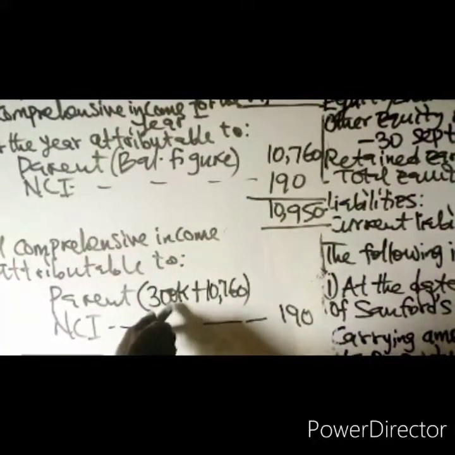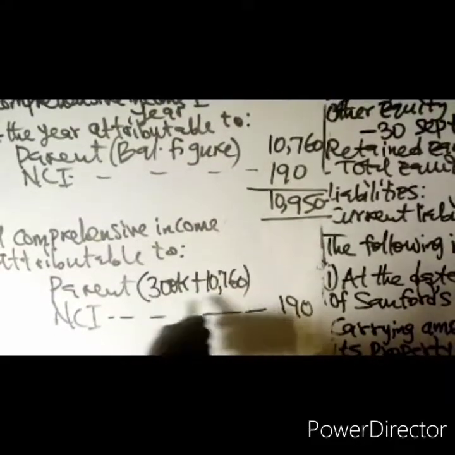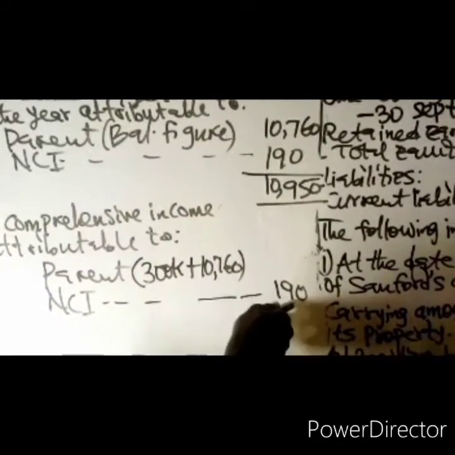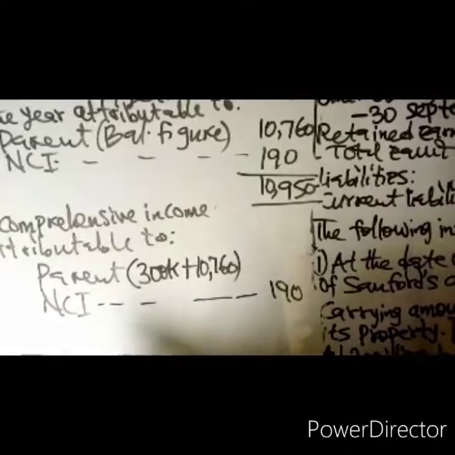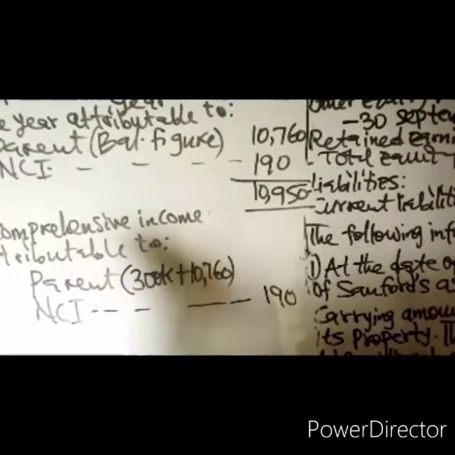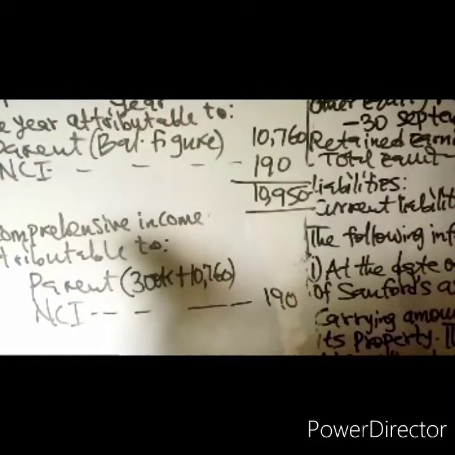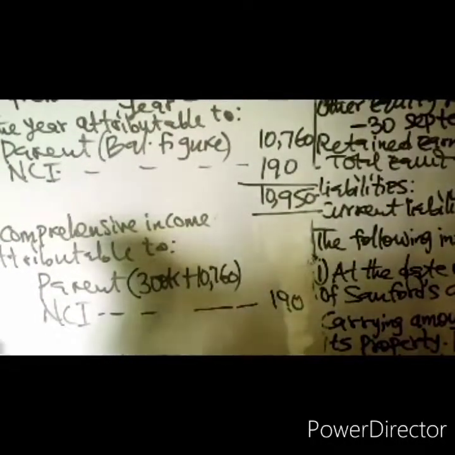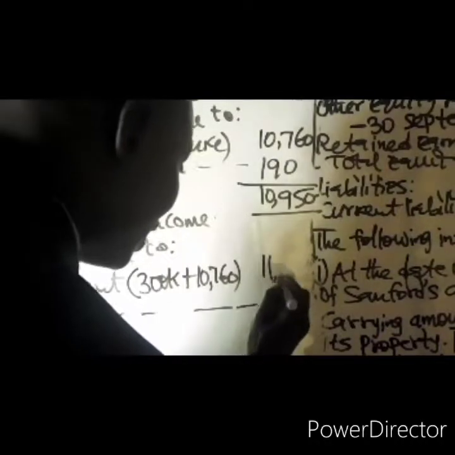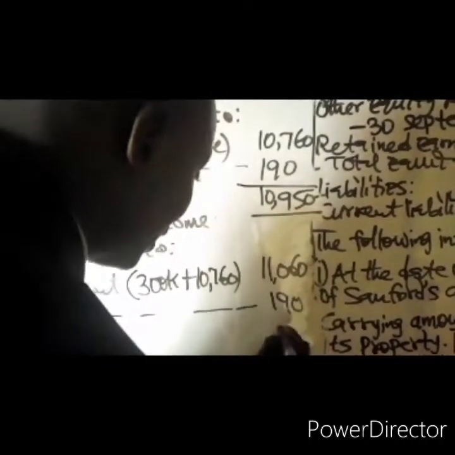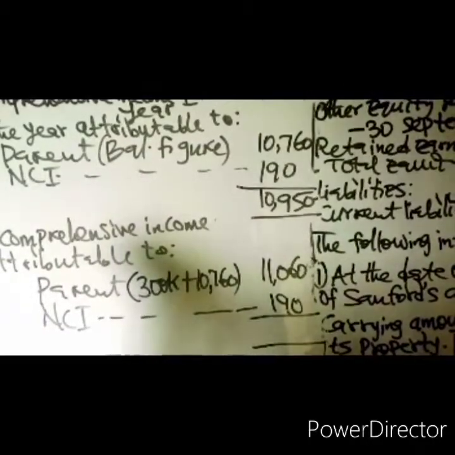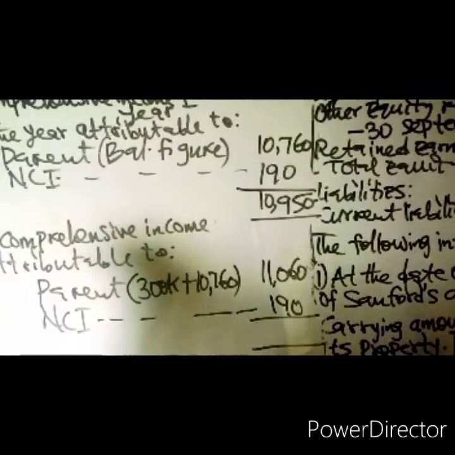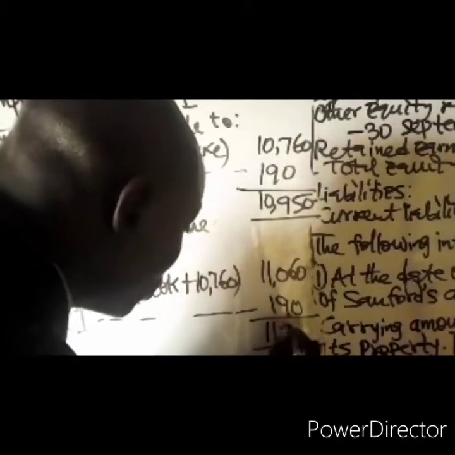But if NCI were the owner, you would share it between the parent and NCI. That means NCI would receive a share of it, which would be added to 190. But in this case, Premier, the parent, is the owner. So you add the 300 to 10,760, then you have 11,060. When you add 11,060 to 190, then you have 11,250.